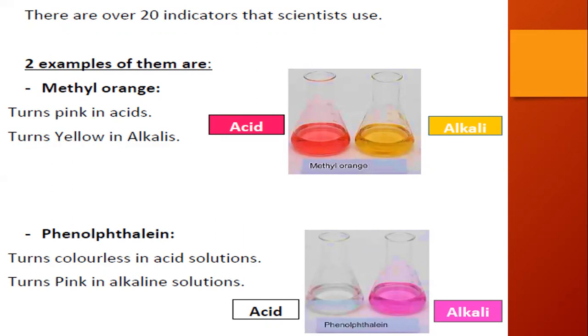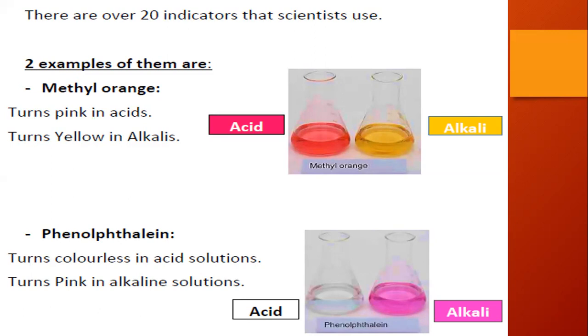It has this faint pink color. When you add an acid to it, it turns colorless. When you add an alkali to it, it turns dark pink. And I will show you all of this. Don't worry, I will show it to you in the next session, all of this and all the colors.